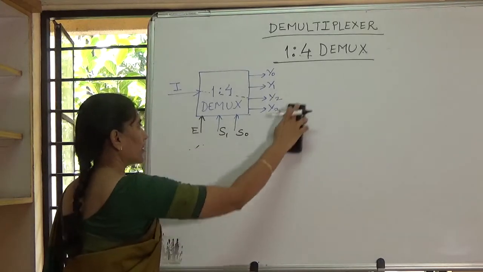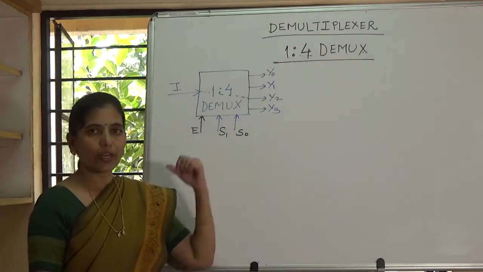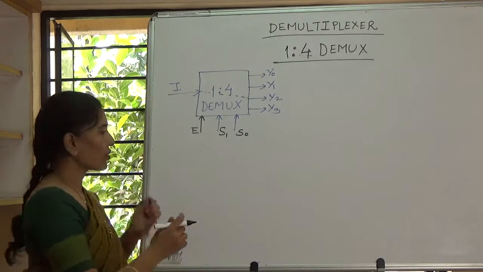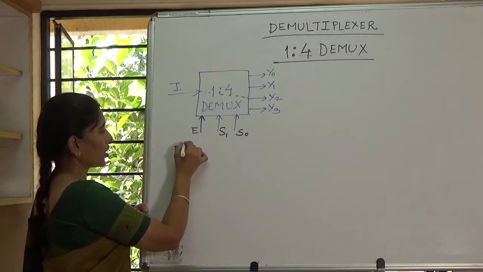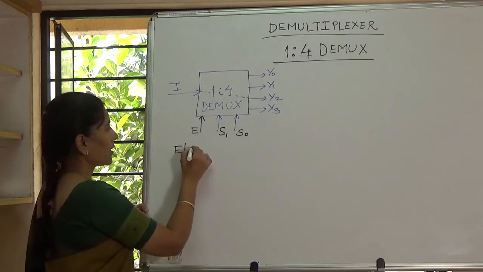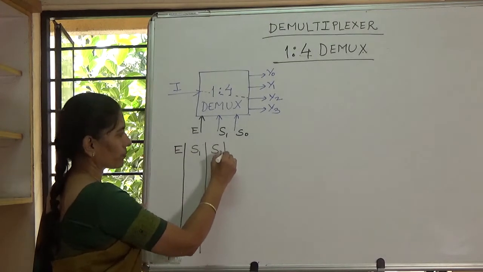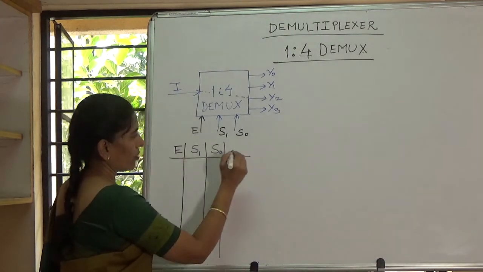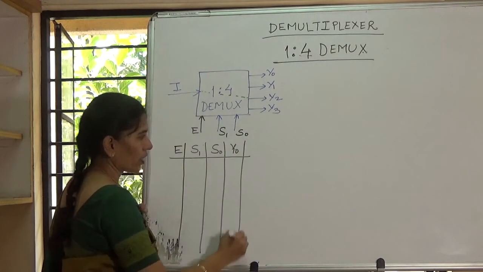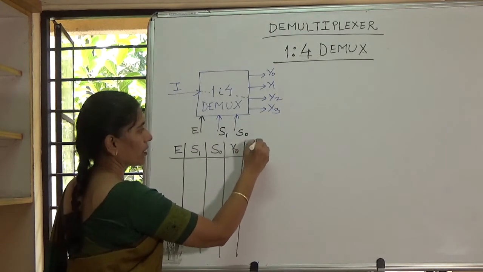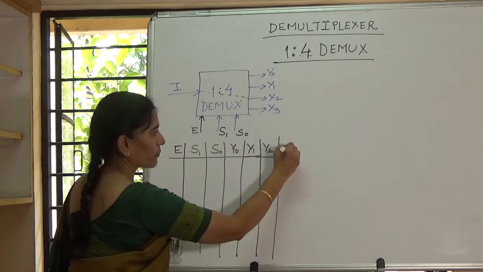Let's transfer this discussion of selection of the input lines and the output lines into a table so that we can derive the combinational circuit. So we have the inputs, which is first E, then the select inputs S1, S0, and we have four outputs Y0, Y1, Y2 and Y3.